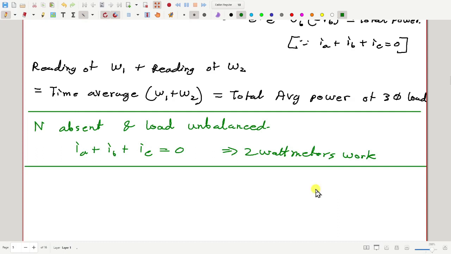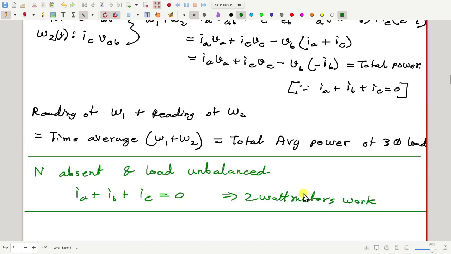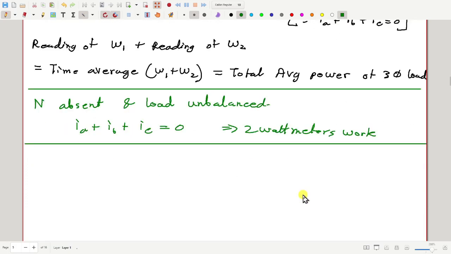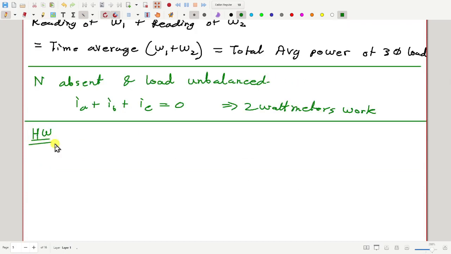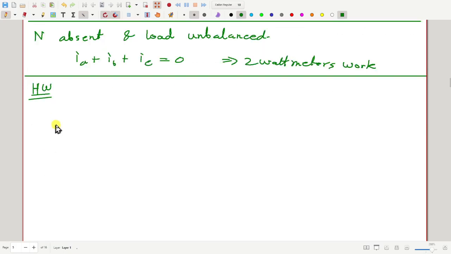Fine. Now I will just give you one homework. Suppose we have three balanced sources. VA is like this, plus minus, VB plus minus, and VC plus minus.